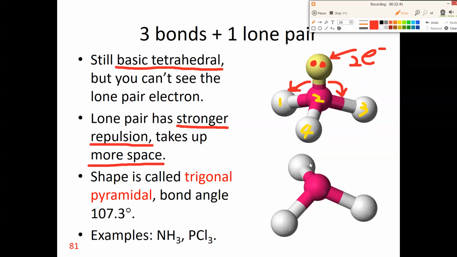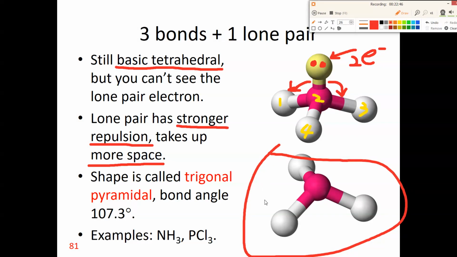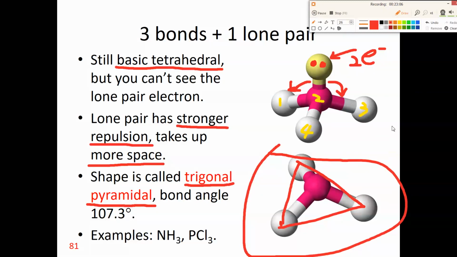So the shape is going to be something like that. This is the shape of the molecule. Forget about the lone pair when I talk about the shape. So it's called trigonal pyramidal. The bottom is a triangle, however, the central atom is not on this plane. It goes up. So basically, you have a triangle at the bottom, and the central atom is on top.